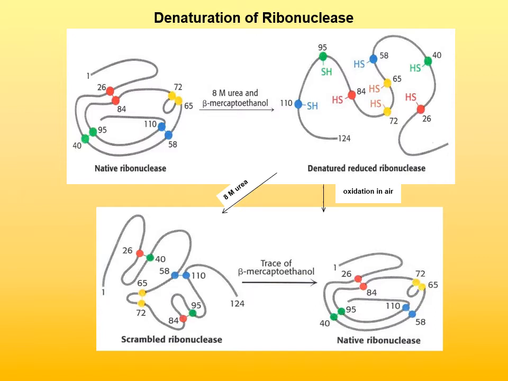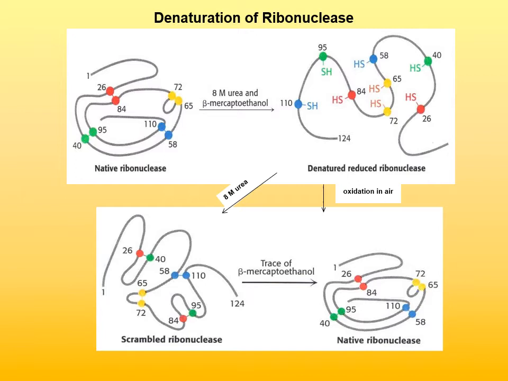And that's obviously not a random process because there is only one way in which these 8 cysteine residues could pair up to form 4 disulfide bonds. And there are 104 different wrong ways for them to pair up. So very low probability process spontaneously occurs.